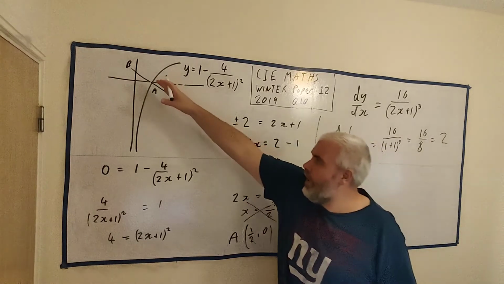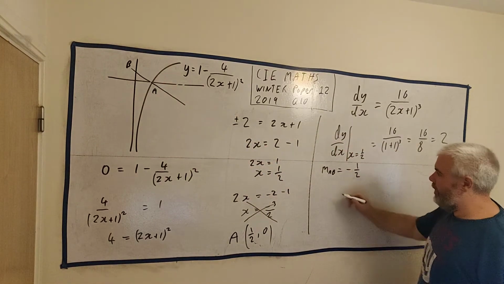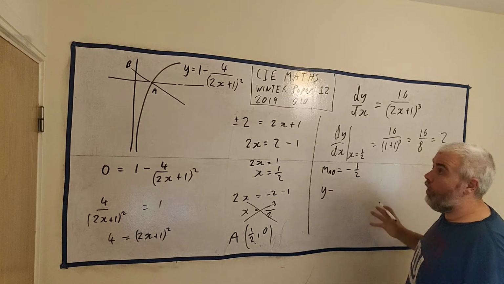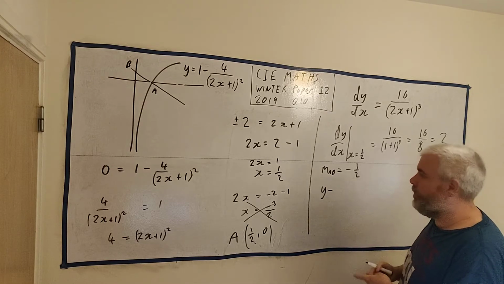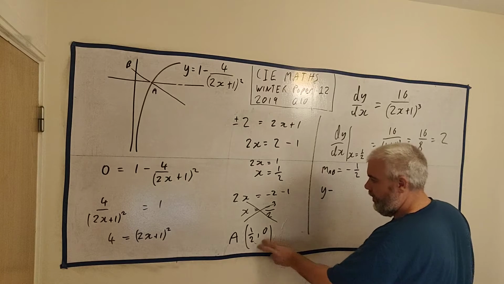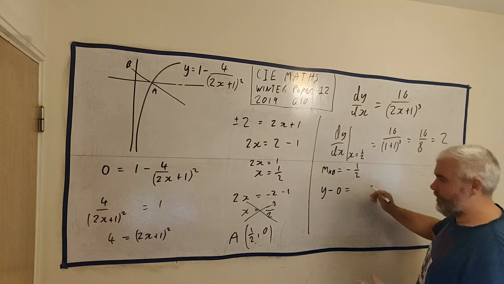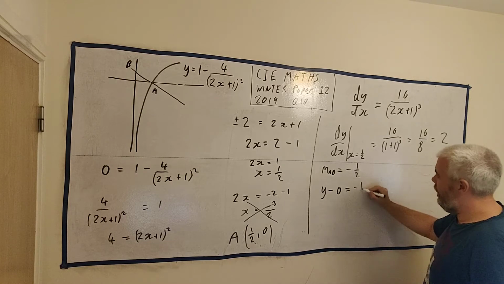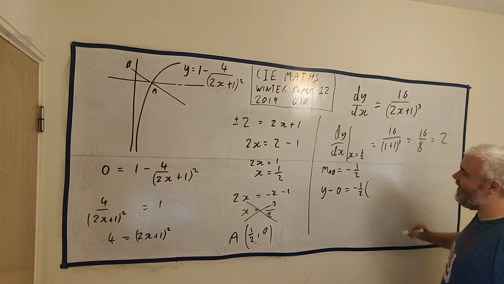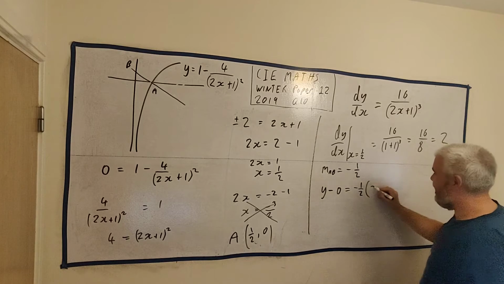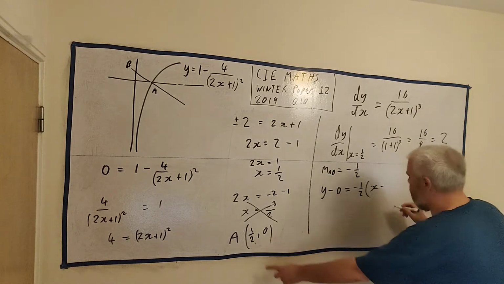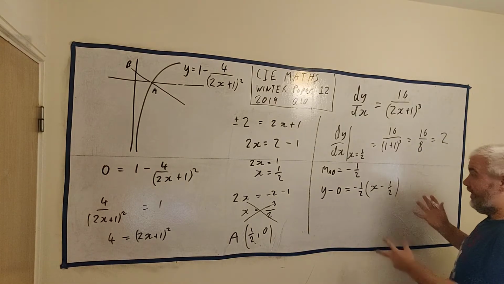Okay, so let's find the equation of AB. That's y minus y1 equals m times x minus x1. We need a point on it, so we'll take this one here. y1 is 0, m is minus a half, and x1 is a half. That's the equation.